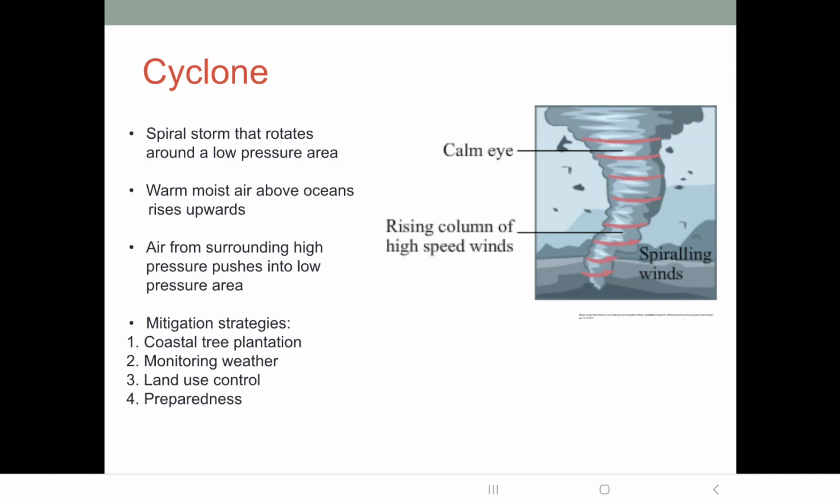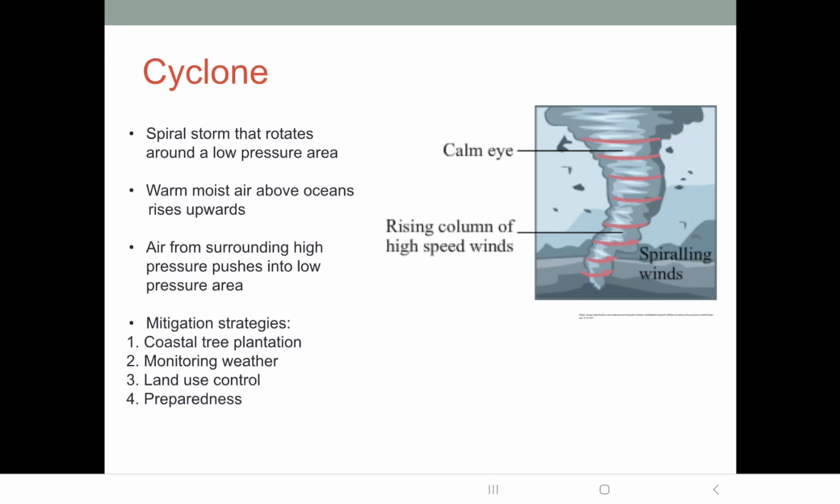Then weather monitoring. See, development of a low pressure area can be forecasted, isn't it? Prior warnings may be given, so people can be shifted. So a minimum loss can be seen. Therefore, timely warnings can play an important role in this.